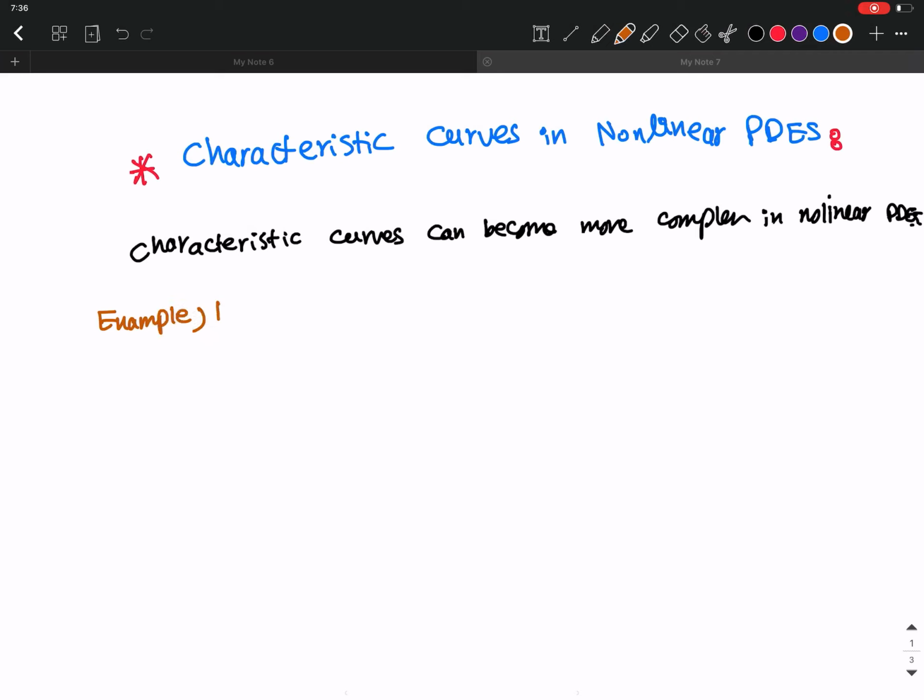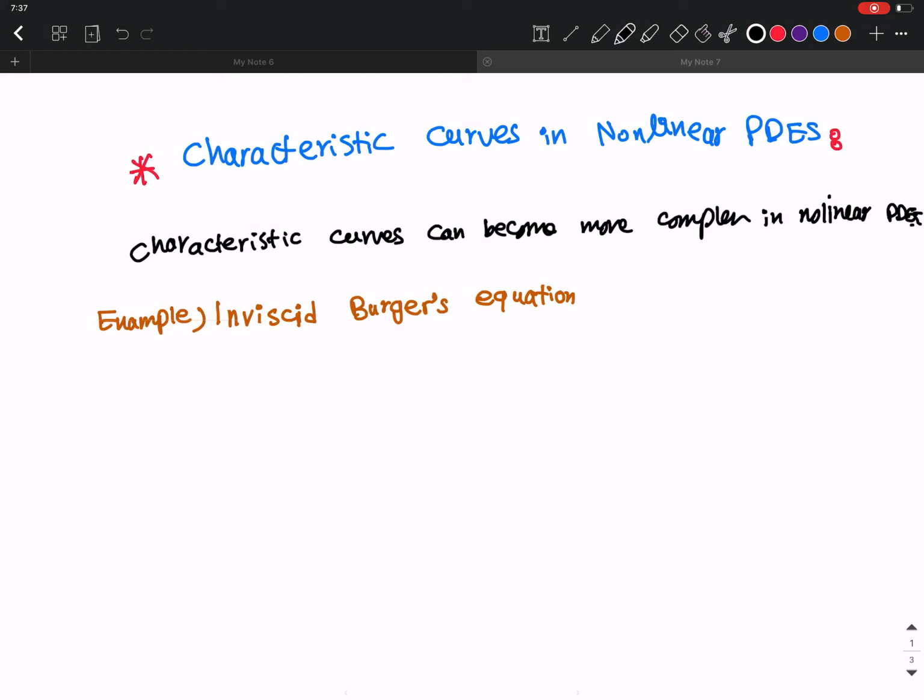Okay, so to do that, we start with Inviscid Burger's equation. So some of you who have fluid mechanics background might have heard about this equation. Inviscid means without viscosity. So let's see what it is.